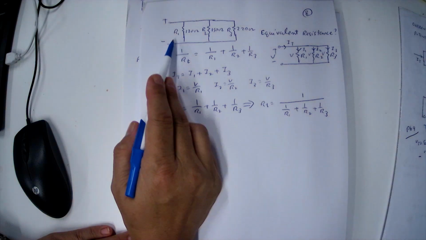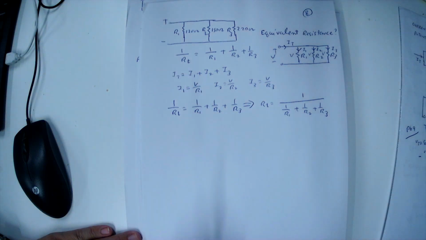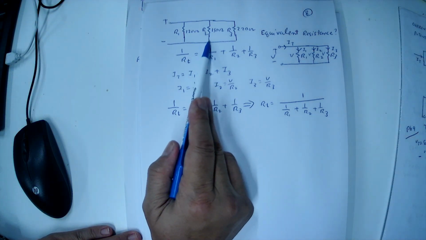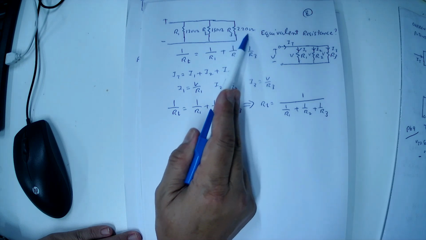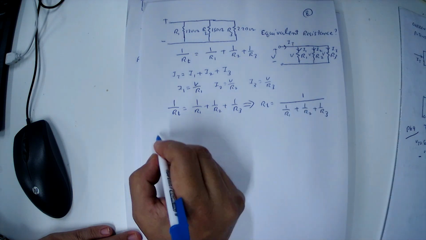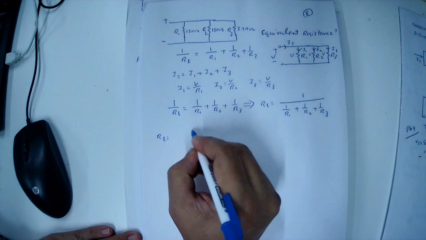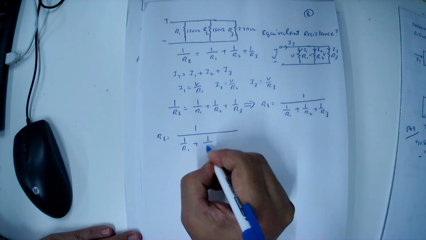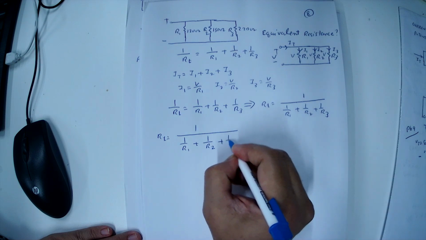Then based on this principle, we calculate this problem. In this case, R1 120 ohm, R2 150 ohm, R3 220 ohm are connected in parallel. Therefore, we need to calculate the total resistance. So we write down the equation. R total equals 1 divided by 1 by R1 plus 1 by R2 plus 1 by R3.